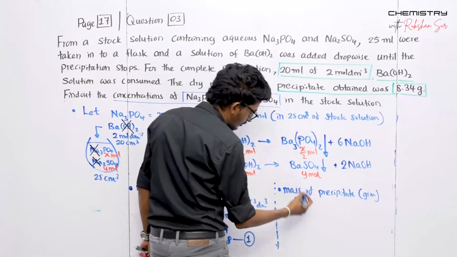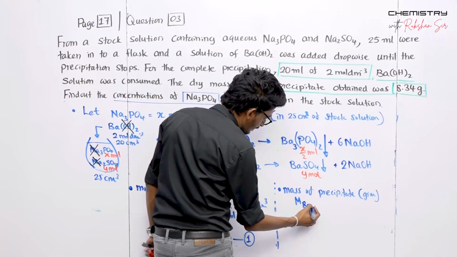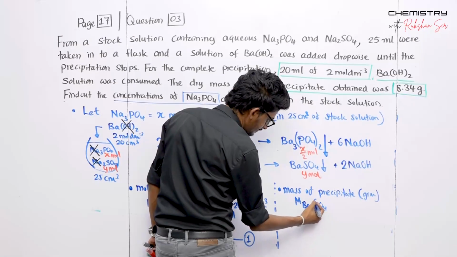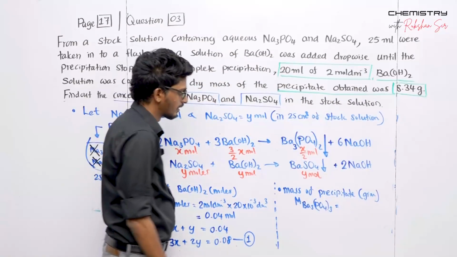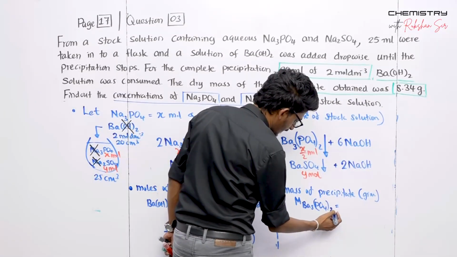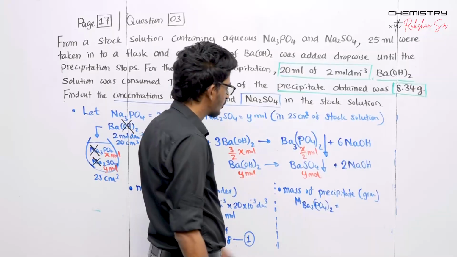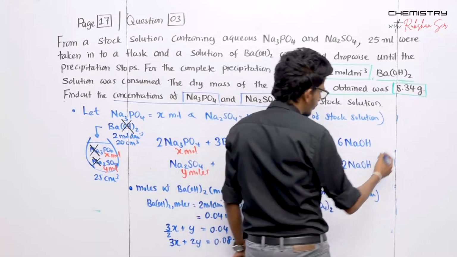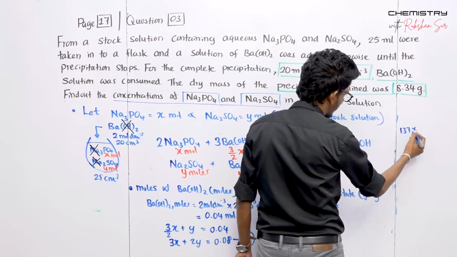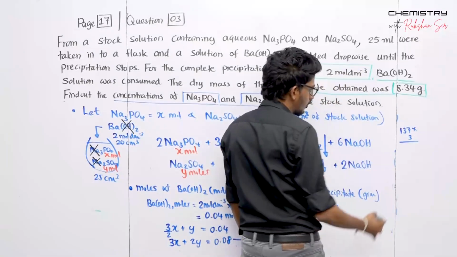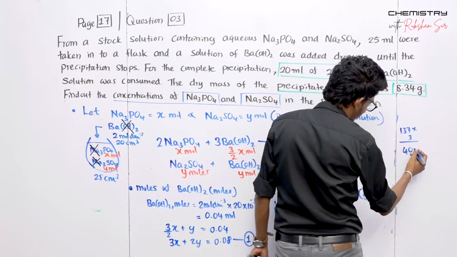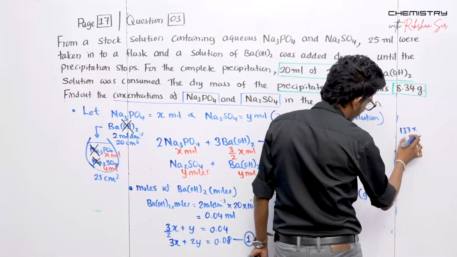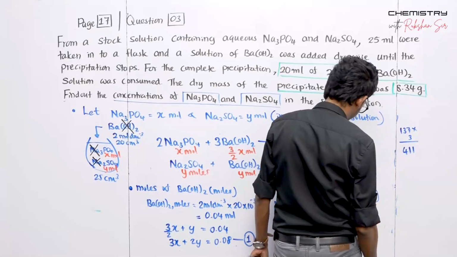So molar weight of barium phosphate, right? So what is that value? Barium into 3, 137 into 3, that will give you 411, no? 411.